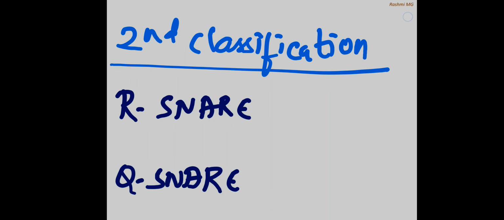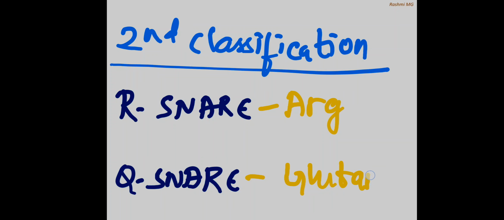Now what are R-SNARE and Q-SNARE? R-SNARE is an arginine containing SNARE. Q-SNARE is a glutamine containing SNARE.